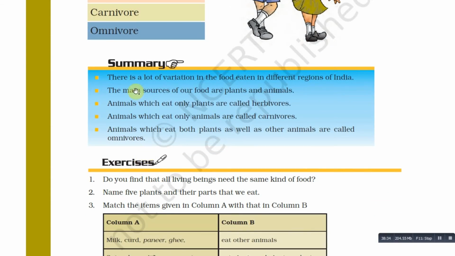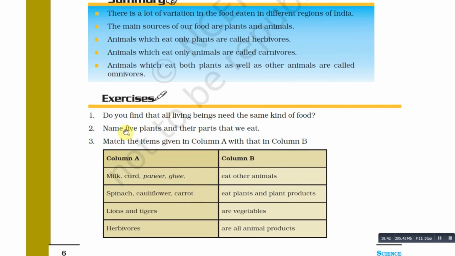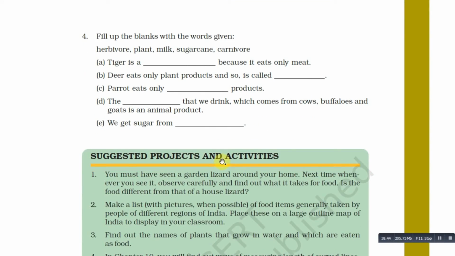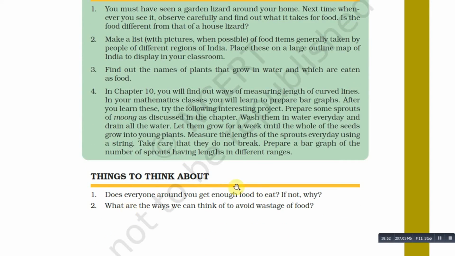You do all the activities listed in this chapter. After that you solve these exercises also. Very simple ones. Suggested projects and activities are also there, so you have to do them. And most important things to think about: does everyone around you get enough food to eat?